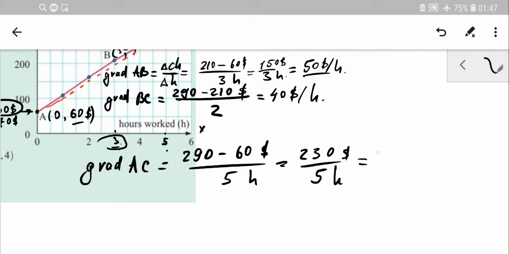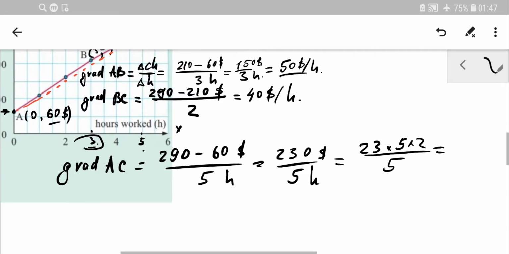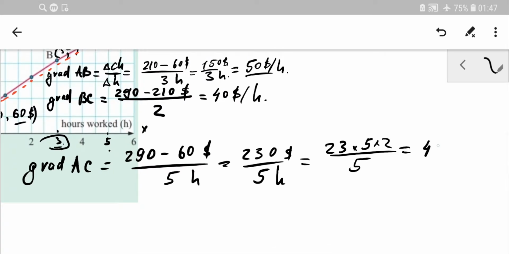If we simplify, we get 23 times 10, and 10 is 5 times 2, so we get 23 times 2, which is 46 dollars per hour. This is sort of an average, right? Why do we actually get 46 instead?